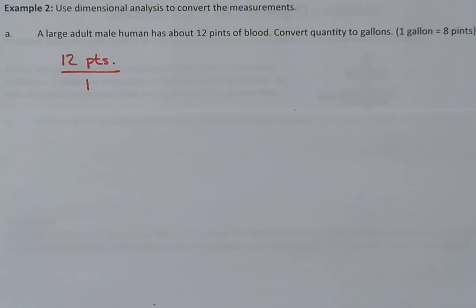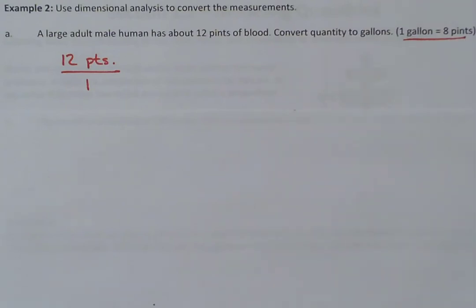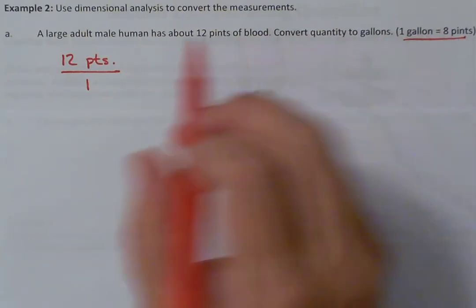If you do not know different conversion rates, like how many pints are in 1 gallon, you can always look up online what the conversion factors are, and that will give you some guidance on how to do these. I do provide for this problem that 1 gallon equals 8 pints. So for every gallon, it's 8 pints. And I'm wanting to switch this to gallons, and I want to get rid of pints because that's what I have right now.